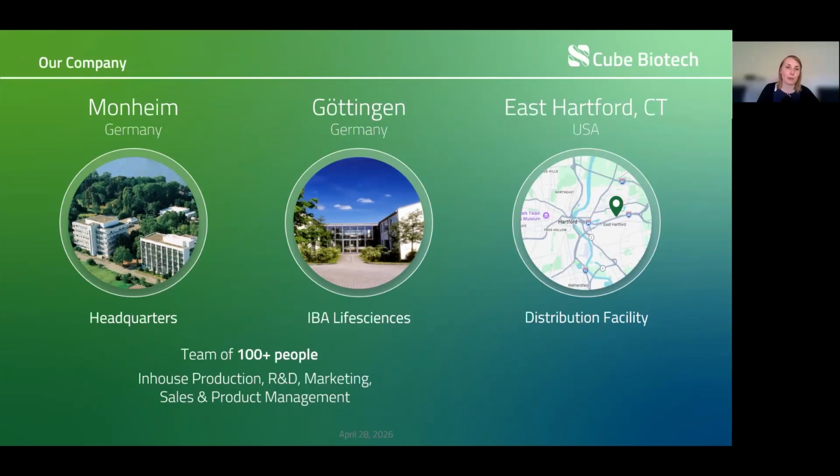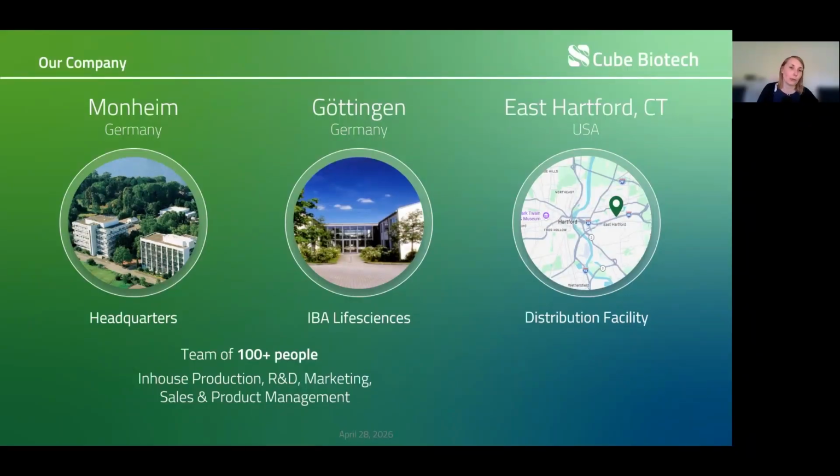Some of you might associate the Strep tag with IBA Life Sciences, but IBA Life Sciences was acquired by Cube Biotech at the beginning of last year, and now we're currently working on unifying our brands to Cube Biotech. However, if you now, after this webinar, search for Strep tag or Strep-Tactin, you will likely still end up on the IBA Life Sciences website.